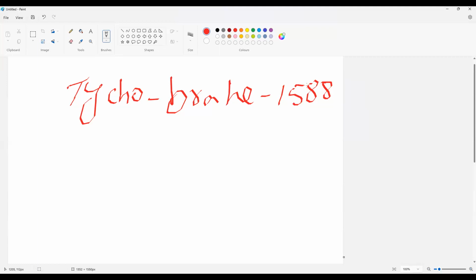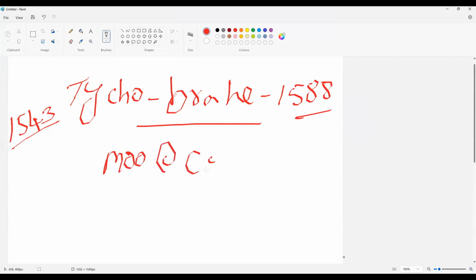Difficult? All right. So this person, Tycho Brahe, came in the year 1588, whereas Copernicus told us in 1543. He said the Moon is at the center and all of the planets are revolving around the Moon.